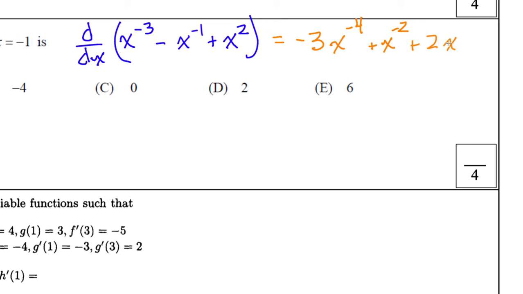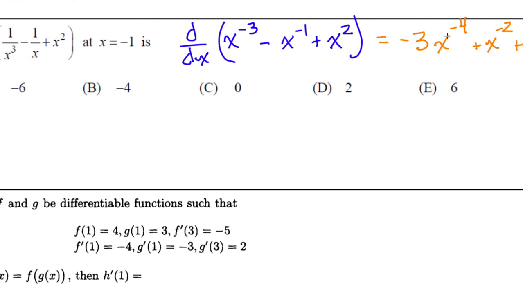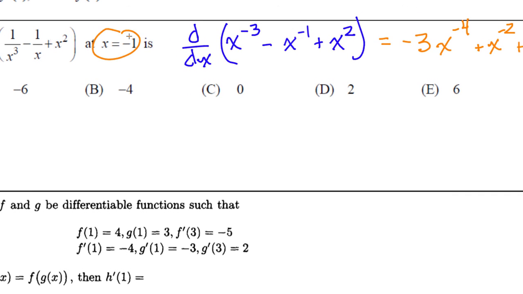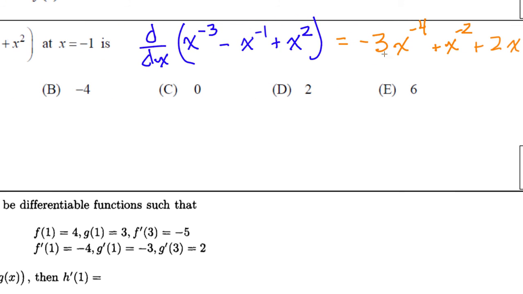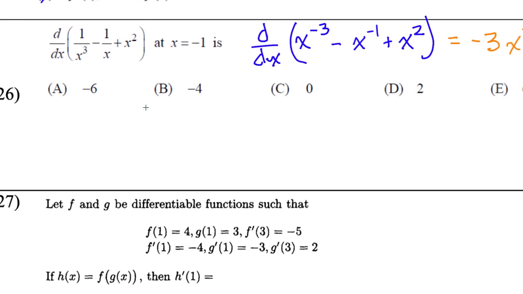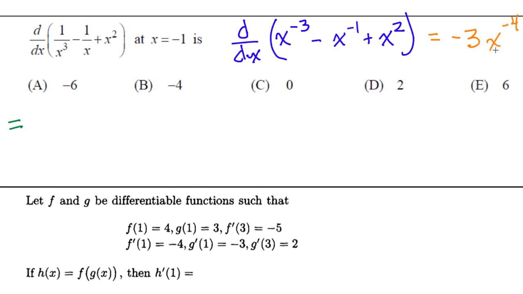I'm not done because I now need to plug in x is equal to negative 1. It says at x equals negative 1, what is that value? So I think even before I plug in that negative 1, I'm going to rewrite these because what does it mean to be to a power of a negative? I'm going to rewrite this backwards as a fraction now. It was negative 3x to the negative 4.